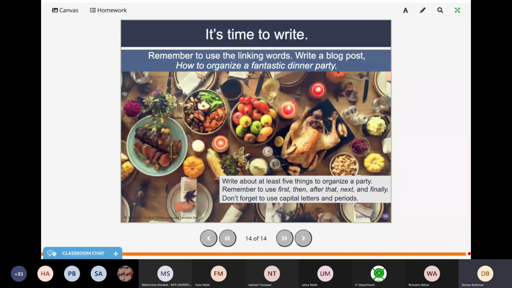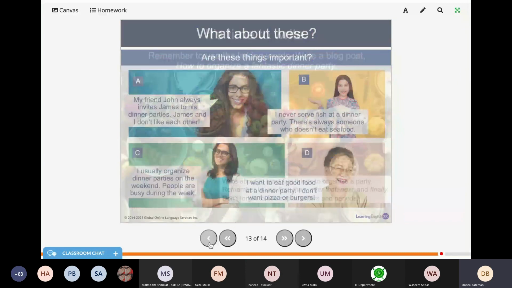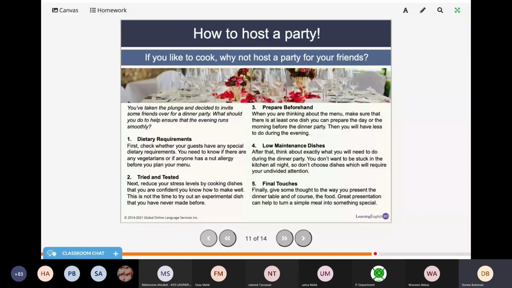To help you, let's quickly go back to the blog post we read earlier about how to host a party. Now, those were the ideas. Checking whether anyone doesn't eat something or they have an allergy to some type of food.